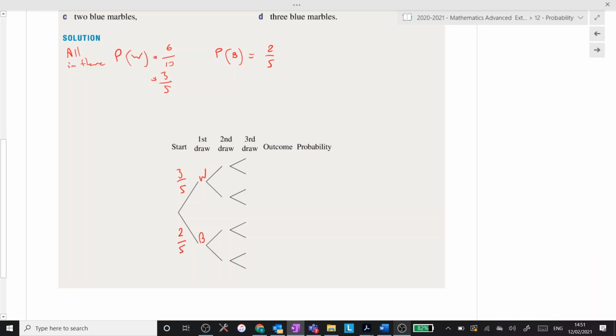All right. So what are the options? When you draw, let's say you draw a white. What happens? You put it back. So do the probabilities change? Yeah, if you pull out a white, the next time you pull out another one, yeah, pulling out a white. Okay.